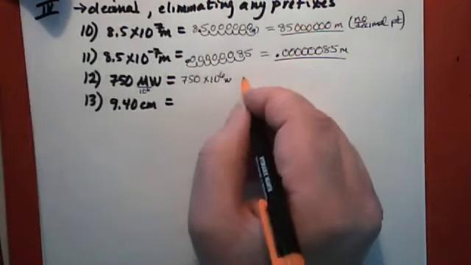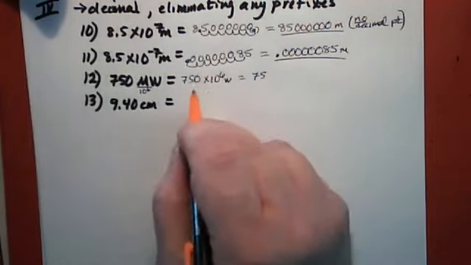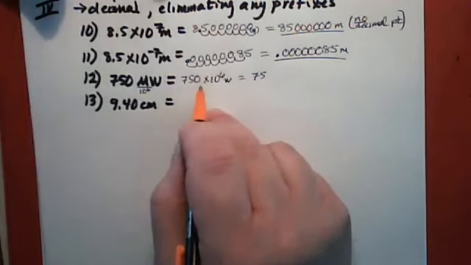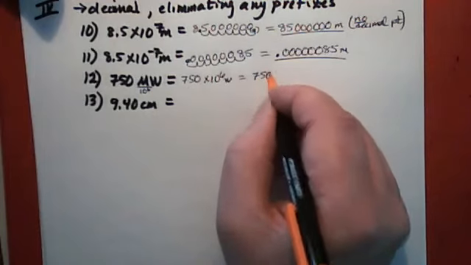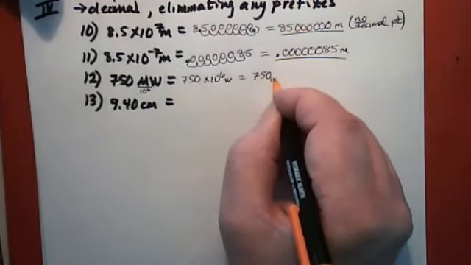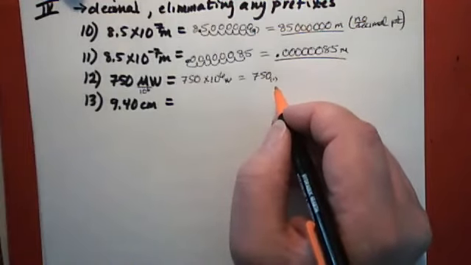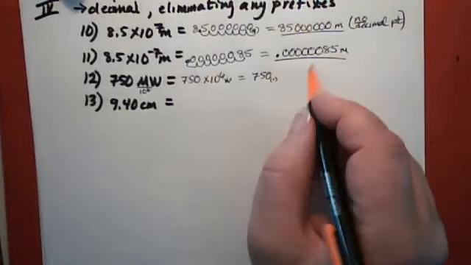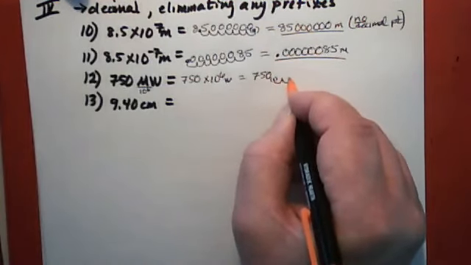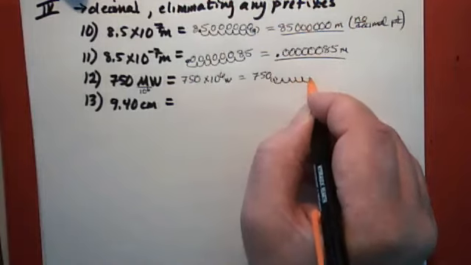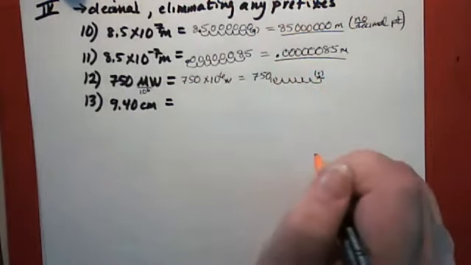Before changing it to decimal form, we look at where the decimal point was originally, which is understood. It's not actually written there, so I'm going to put it in parentheses. And we have to move 6 places in the direction that makes the number bigger, which is to the right. So 1, 2, 3, 4, 5, 6. So that's where the new decimal point goes.